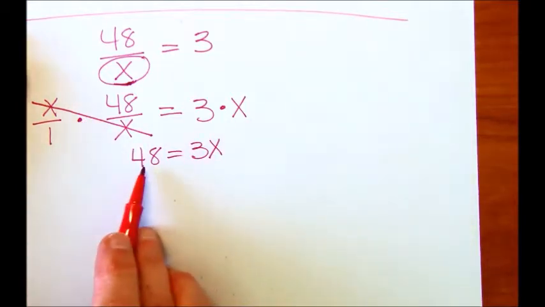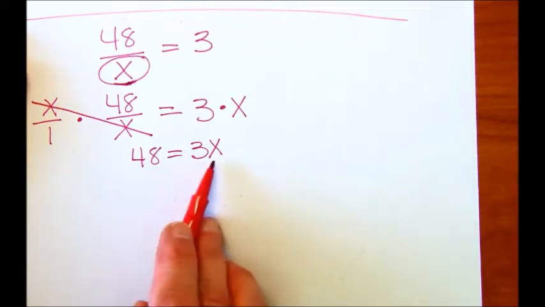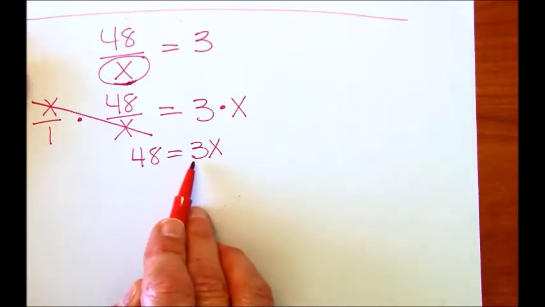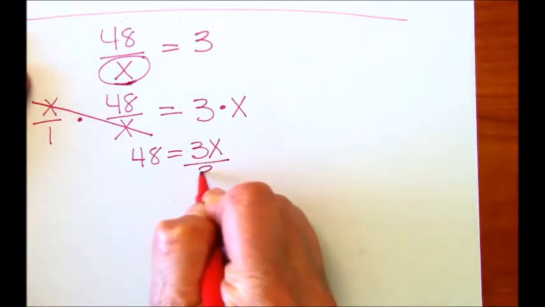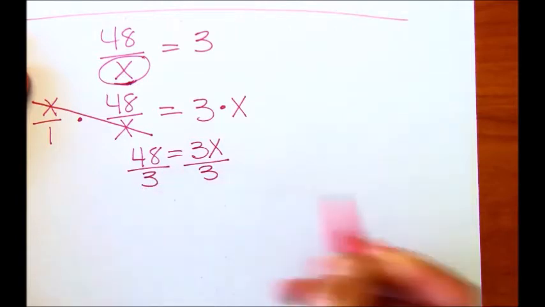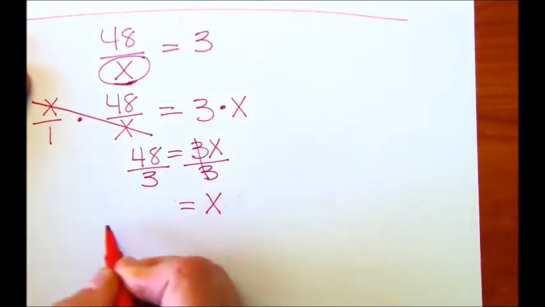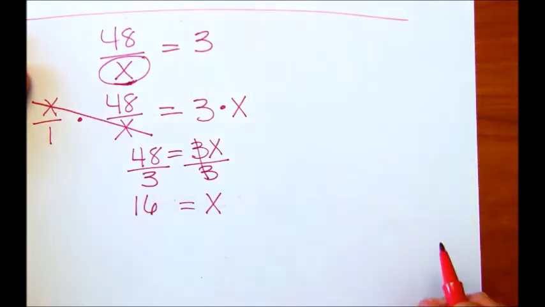But now we're not dealing with a division problem anymore. We're now dealing with a multiplication problem. So we're going to divide by 3 on both sides. That's going to cancel. We're left with x equals 16.